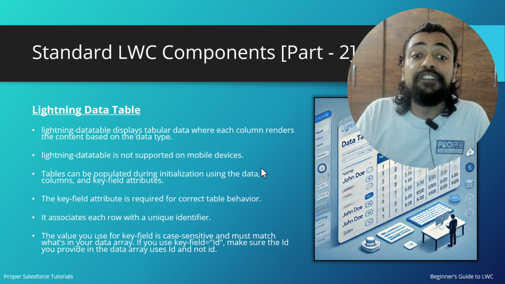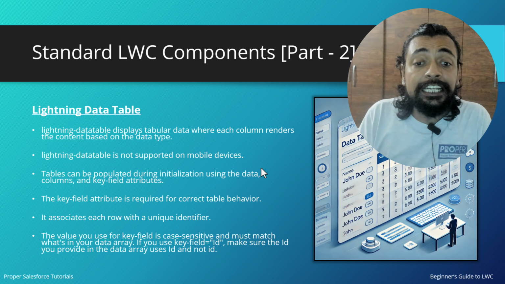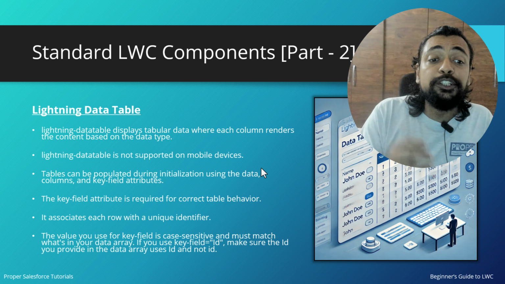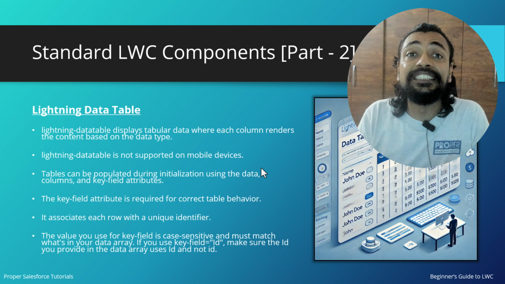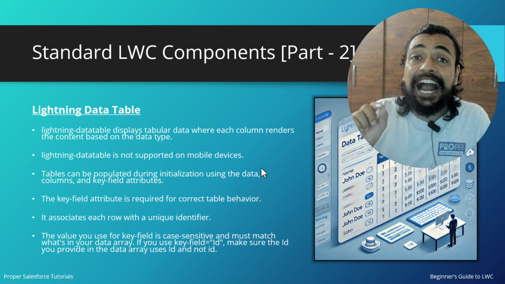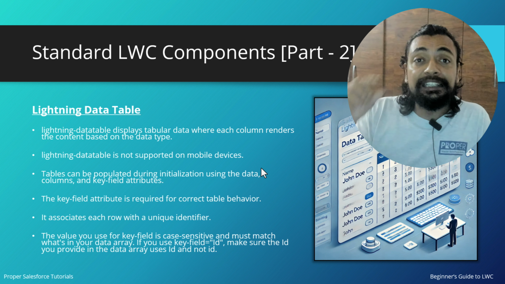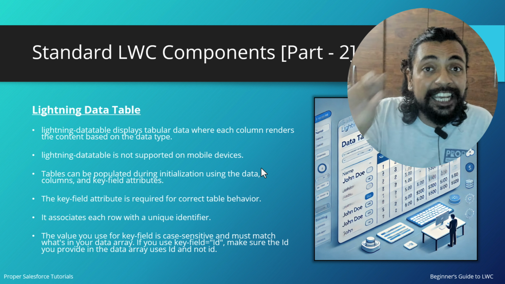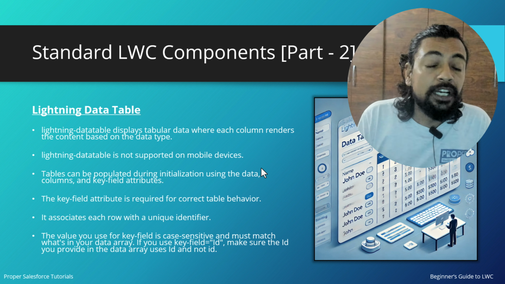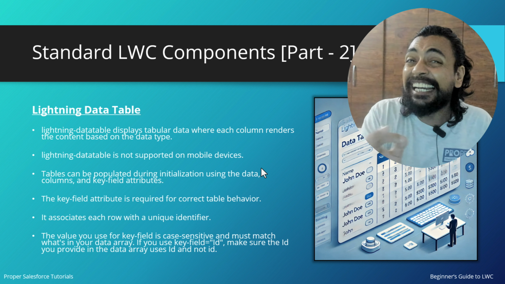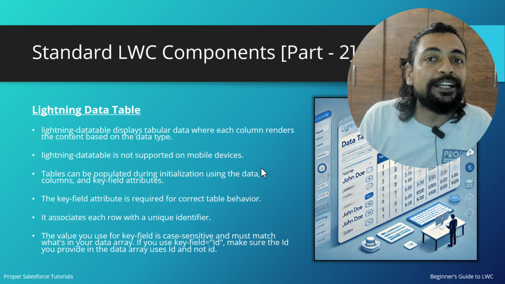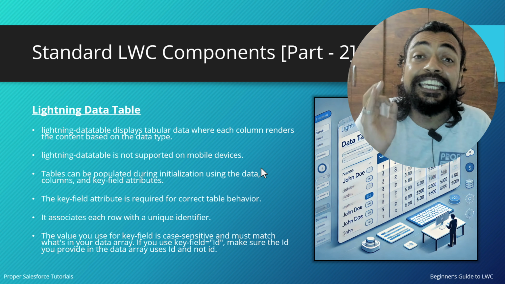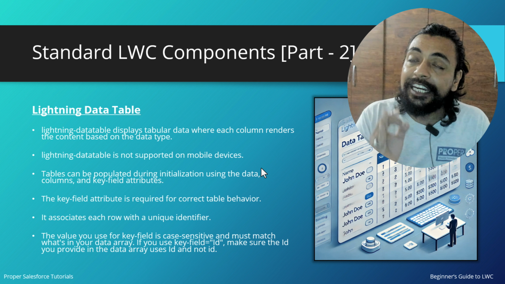So if we use key field as ID, make sure the ID you provide in the data array uses the same case of ID. That means whatsoever field name you provide to the key field attribute, the name of the field should exactly match. Even the case should match, otherwise it won't work.